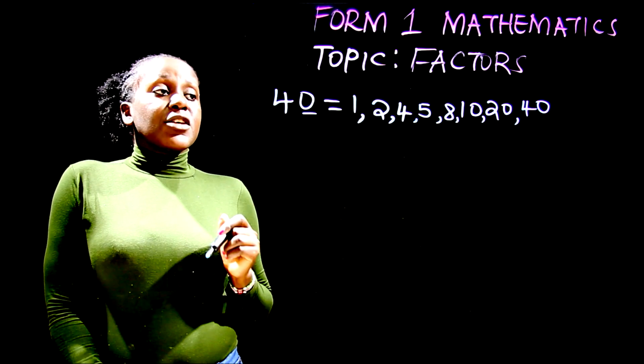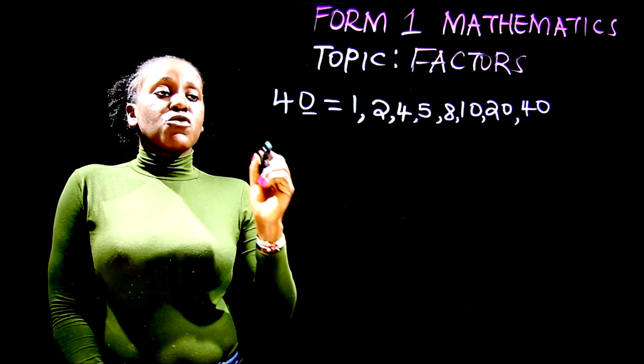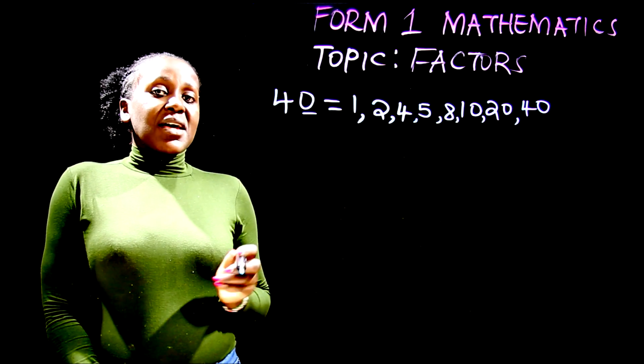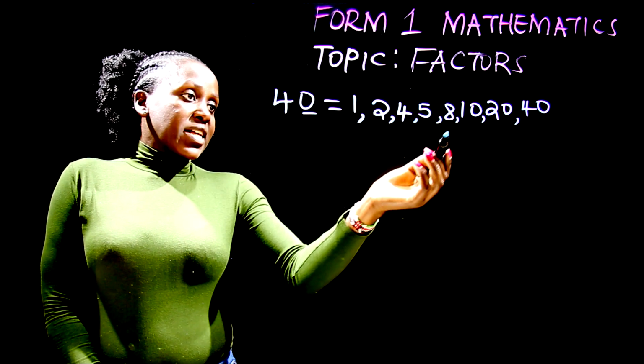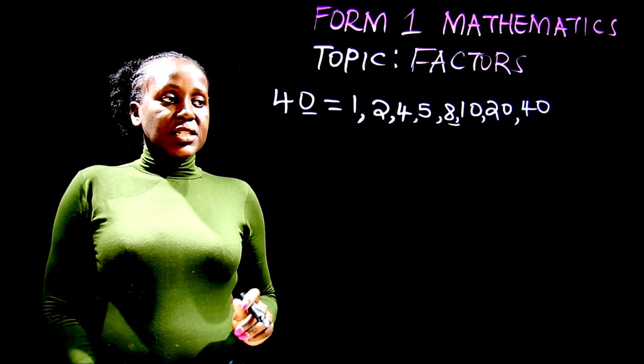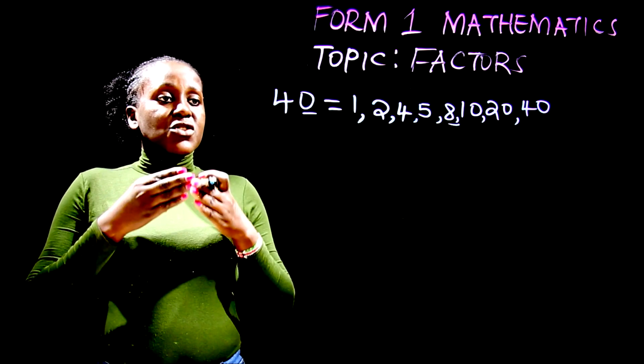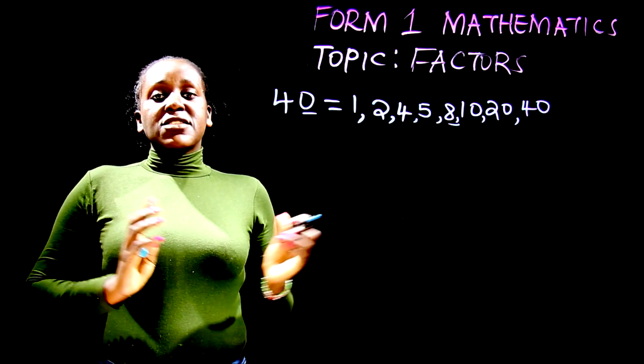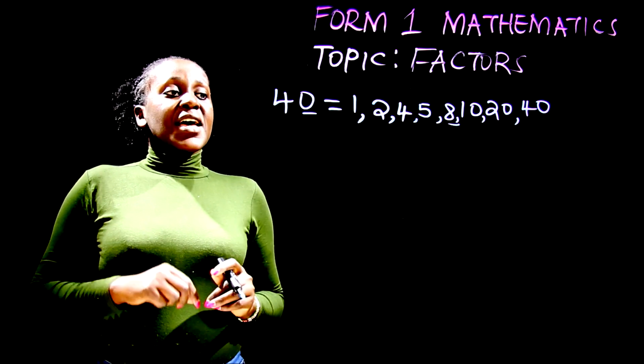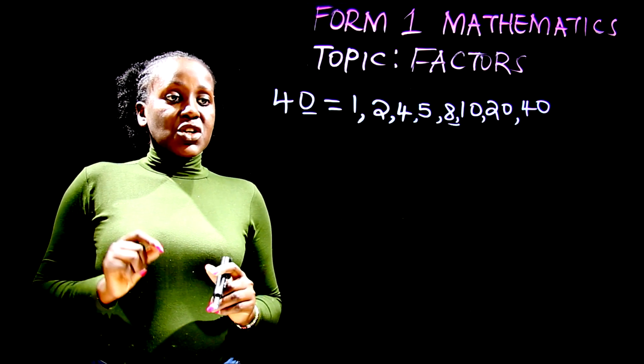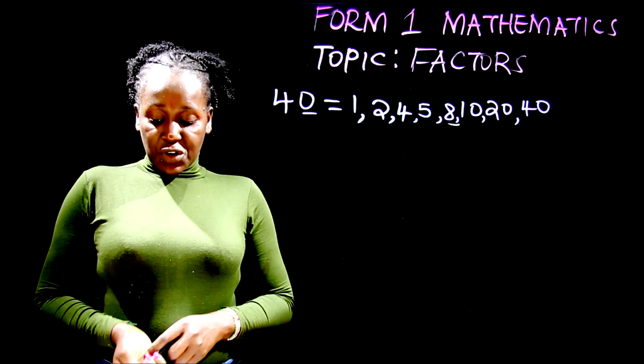Therefore, 7 is not a factor of 40. The next number is 8, but you notice that 8 is already on the list. This means that we have already exhausted all the factors of 40. I'll now give you a few questions that you are going to try.